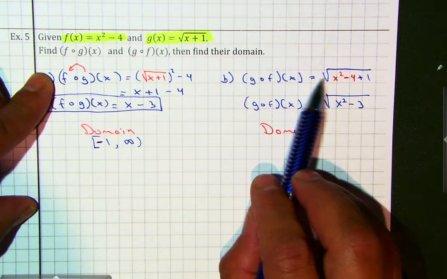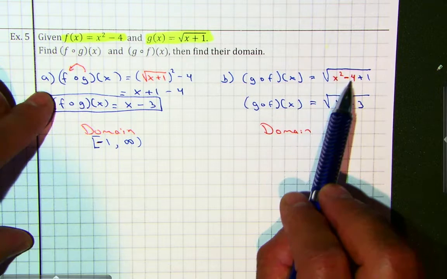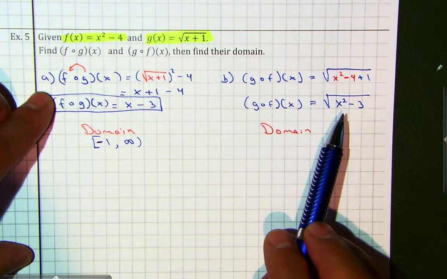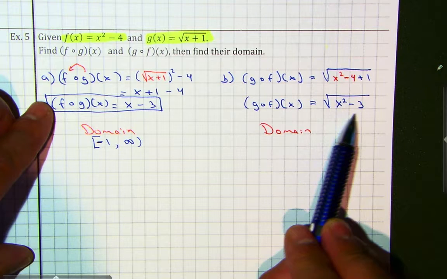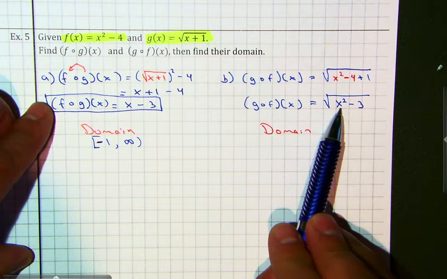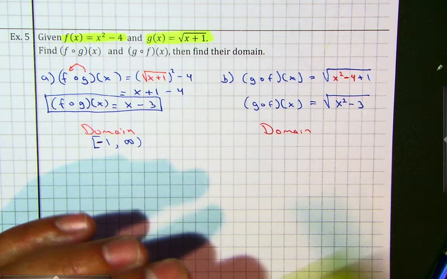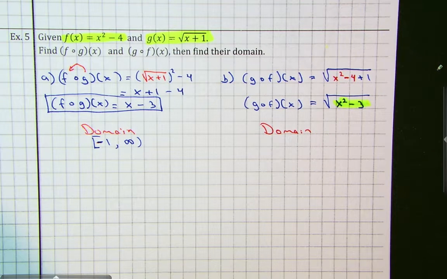Now, if you notice, the domain for g of x, for what we plugged in, is all real numbers, correct? So that's not going to help us out. So we just need to be concerned about what values I can plug in here. We know that x squared minus 3 has to be greater than 0. We cannot take the square root of a negative number.